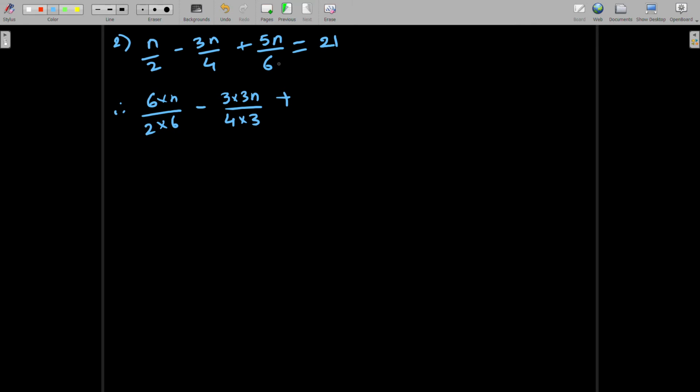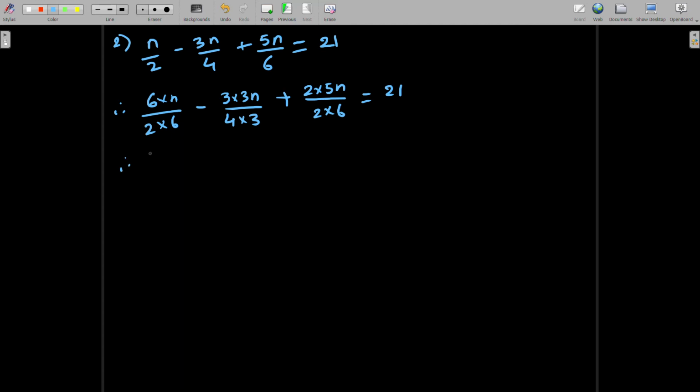Now in order to get denominator as 12, we have to multiply it by 2. So 2 into 5n divided by 2 into 6 is equal to how much? 21. Now your denominator is common.